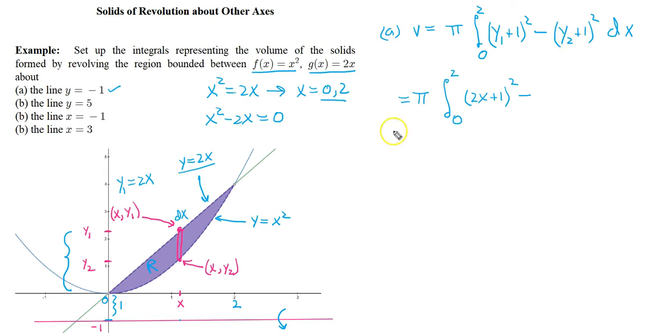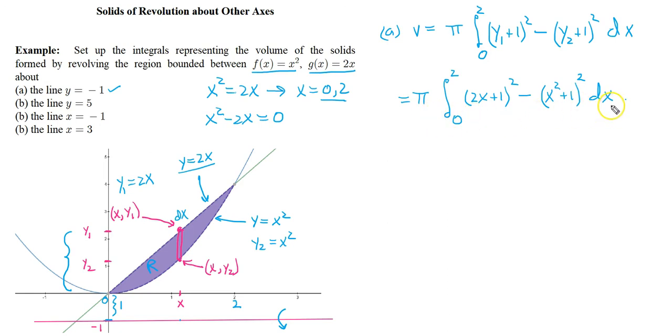The point x comma y2 sits on the curve y equals x squared, so you get y2 equals x squared, and we put x squared in place of y2. And then we square this, and we integrate with respect to x, dx. And there we go. That's our answer to part A.